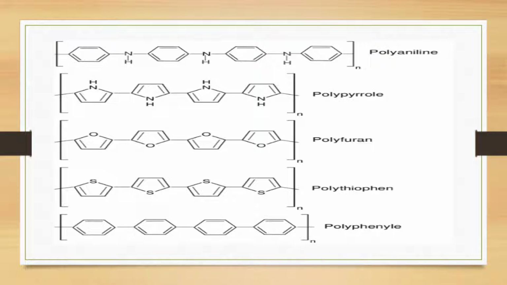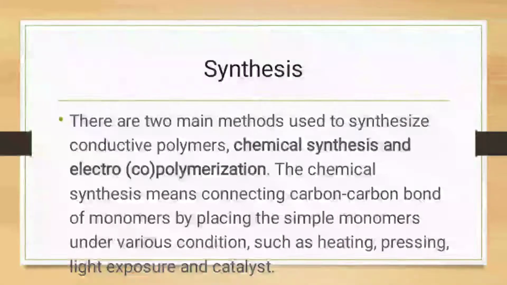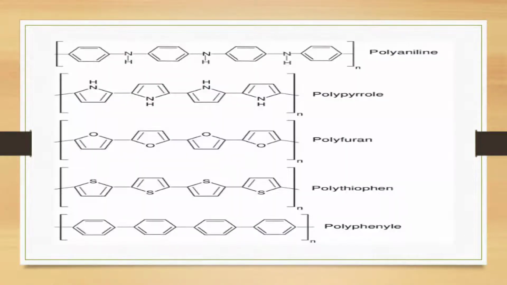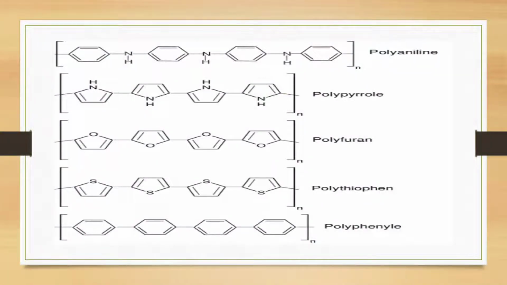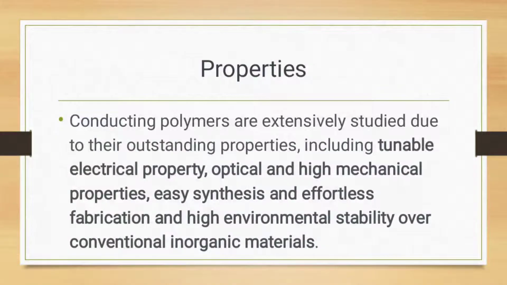In the first we have the chemical synthesis examples, where we can see the carbon-carbon bond. And next we have the properties of the conductive polymers.